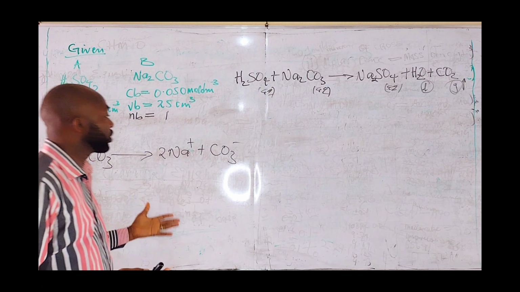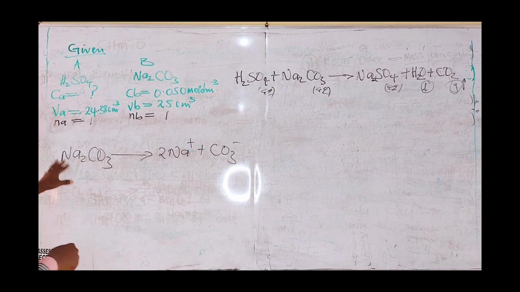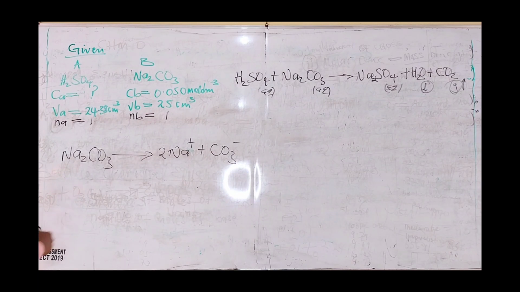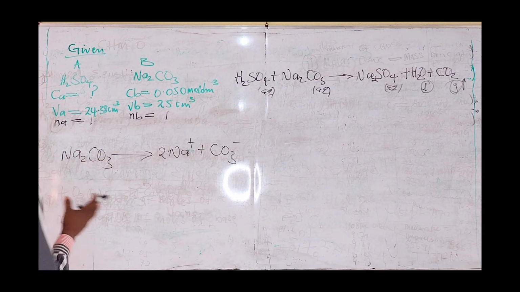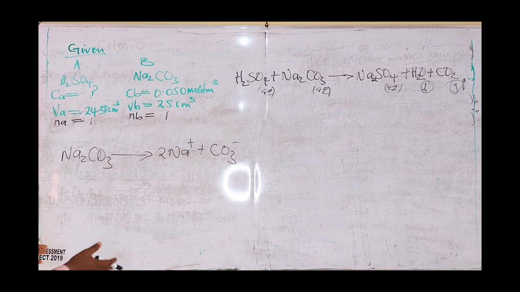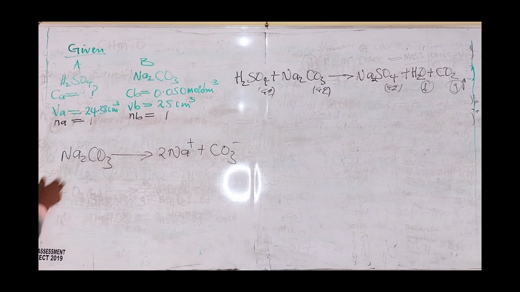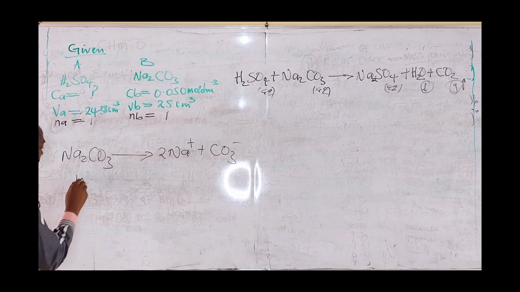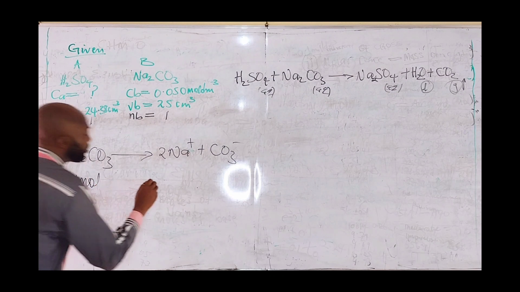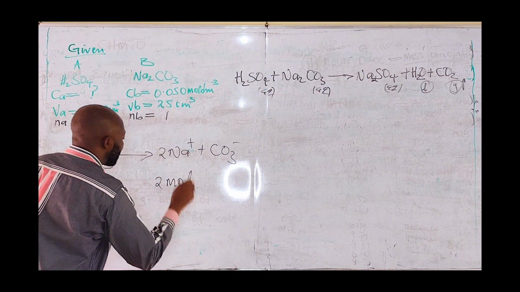I think there are various ways which you can do that. But then we have this. 0.0125. That is the amount of this one. Am I right? Yes. So now it is mole concept which we are still going to apply, the same principle. So on this other side, I'll first of all say 1 mole of this gives me 2 moles of this.